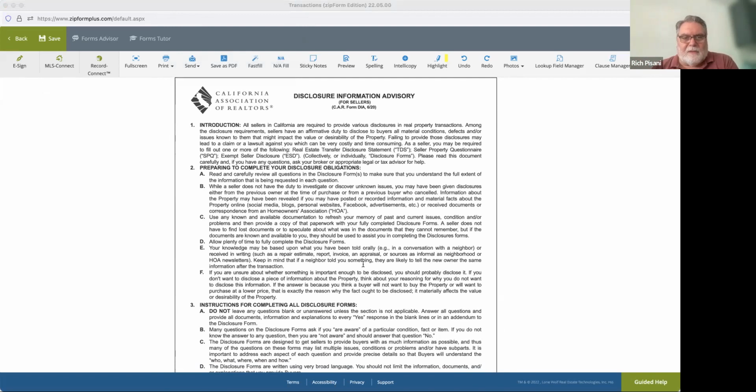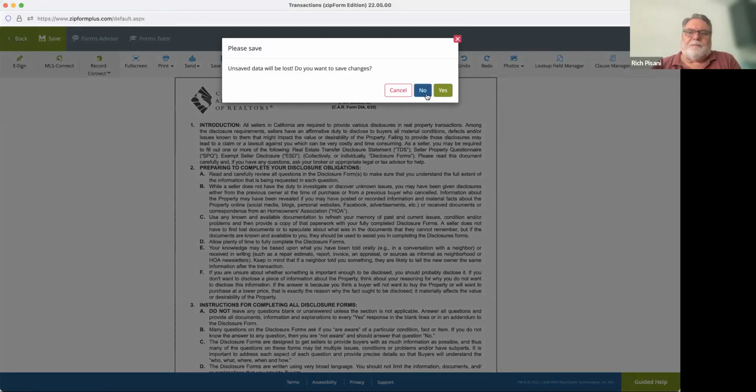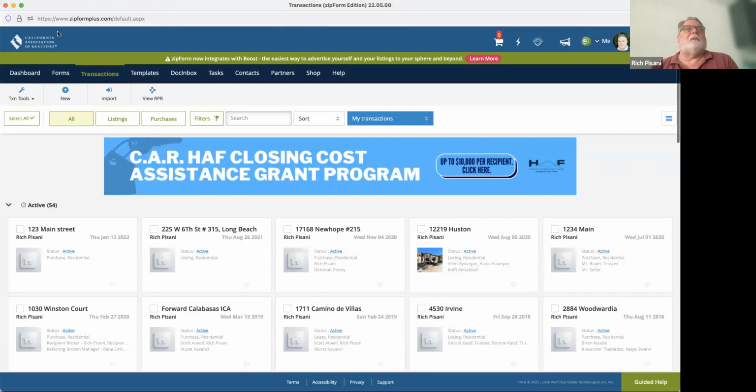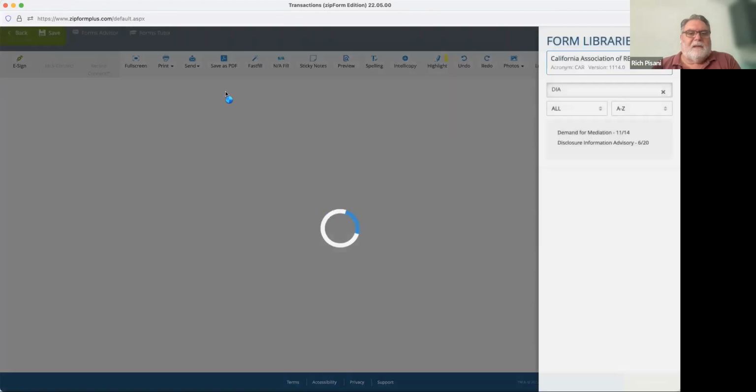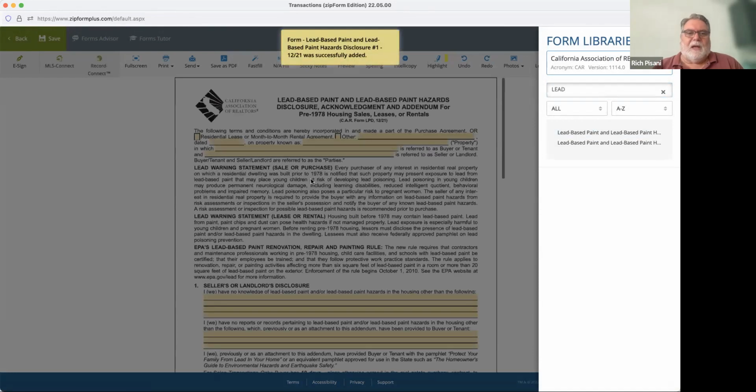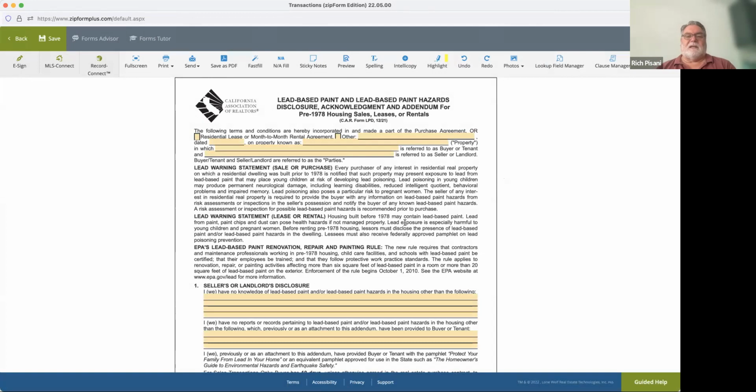Let me look at one other thing, to see if there's anything else. So if a property is built before 1978, you have to do a lead-based paint and hazardous addendum.